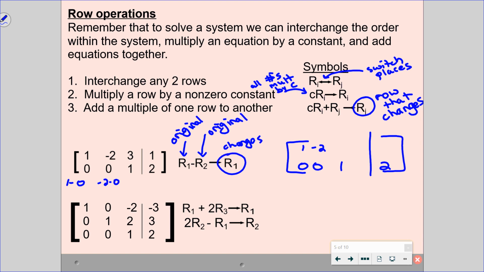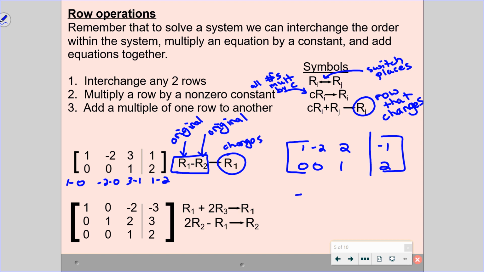When we get to the next one, we have 3 minus 1, so now we have a 2 in this spot. We continue with the very last part, the one after the equal sign, which is 1 minus 2, and we end up with a negative 1. So we have now changed one of the rows by doing what it told us on the left-hand side, row 1 minus row 2. Notice that for both of those, we used what originally started.